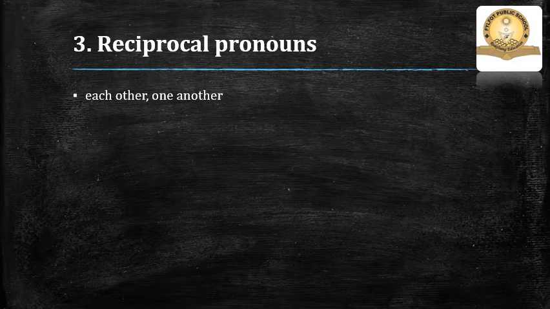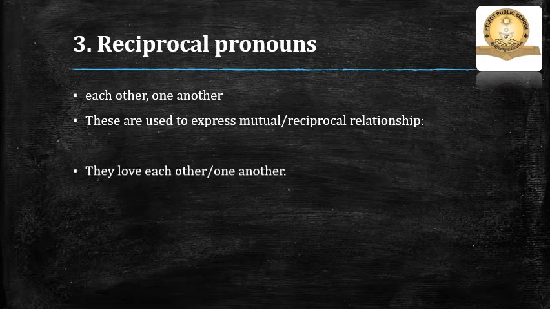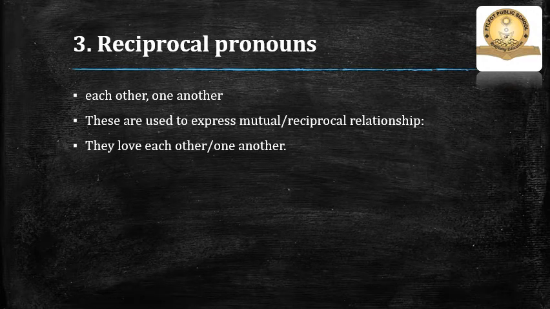They are used to express a mutual, reciprocal relationship, a give and take kind of relationship. For example, they love each other. So the love is reciprocated. I'm giving love and I'm getting the love back. The love is going and then it's coming back. So there's a reciprocal relationship.